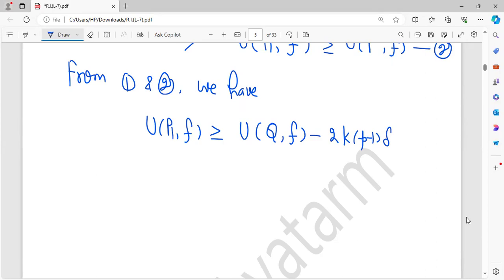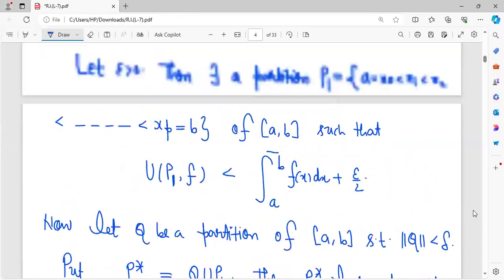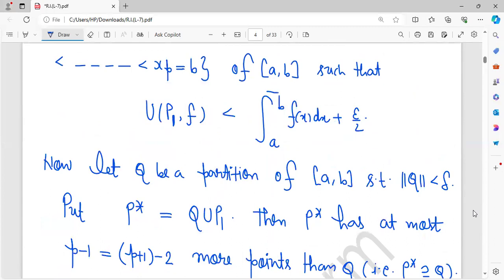Now what is this? U(P1, f) is less than, let's say it star.